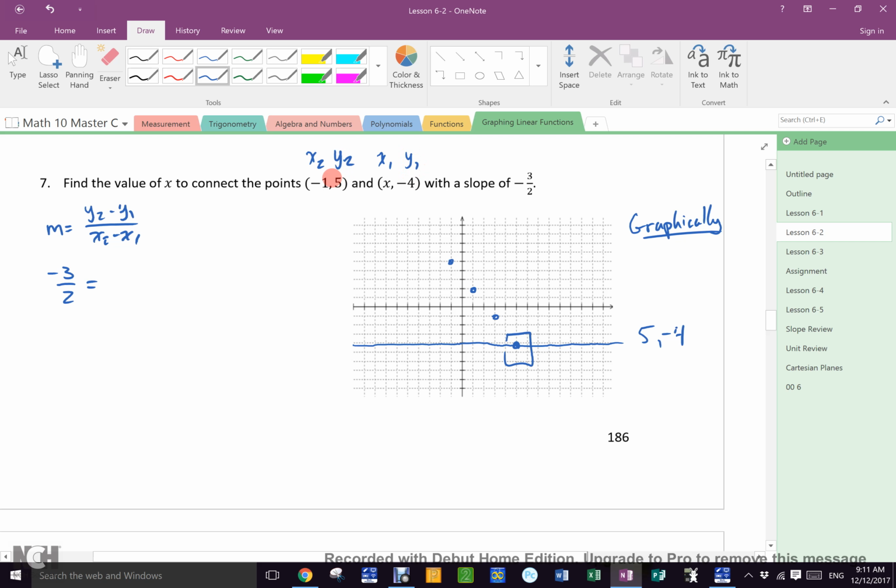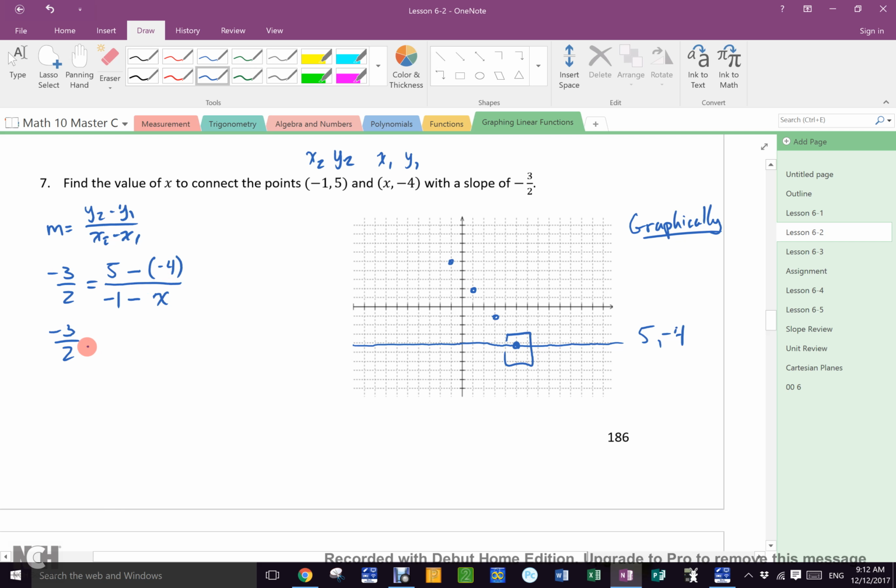So y2 minus y1. So what is y2? According to the way Rihanna has written it. You may have done it differently, but according to what Rihanna has done, what should I write here instead of y2? 5 minus, what's y1? Negative 4 over x2. What's x2? Negative 1 minus, what's x1? X. Now tidy it up.